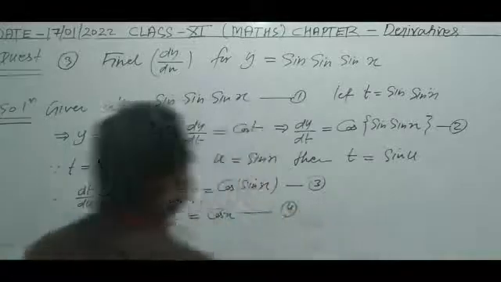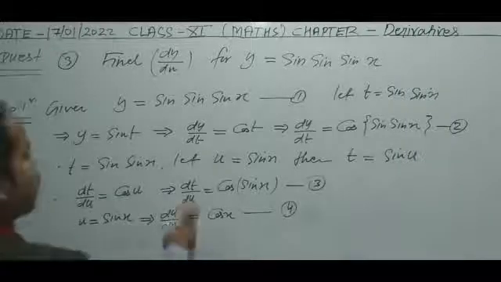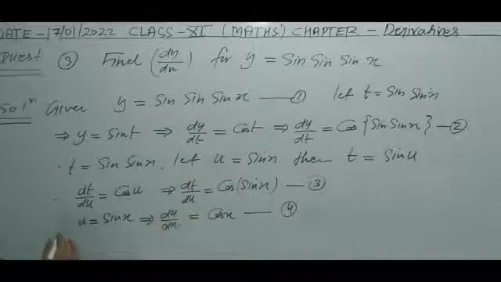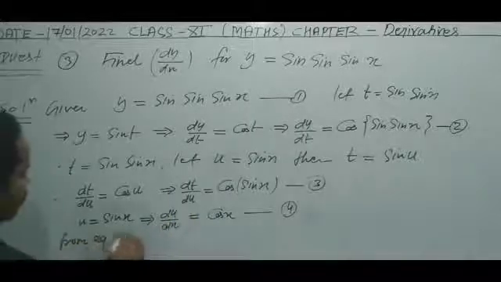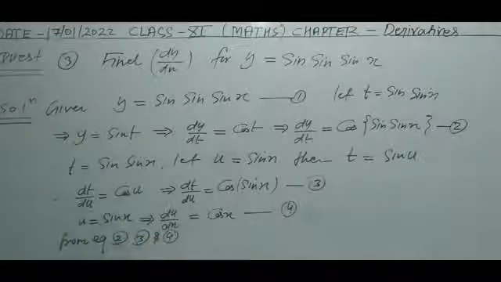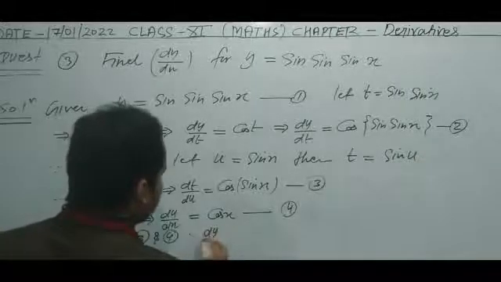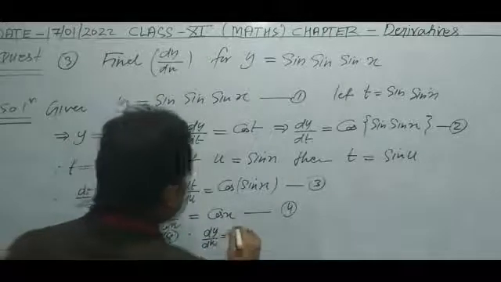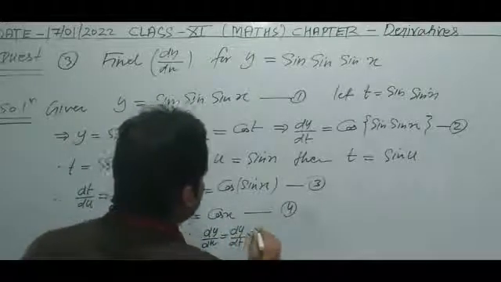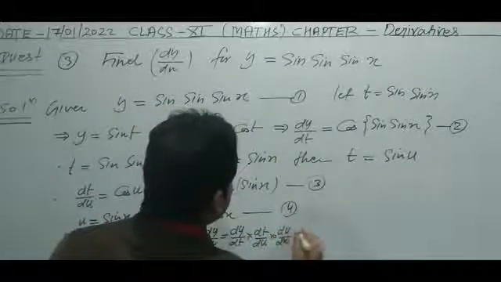Consider equation 4. Now from equation 2, 3 and 4, what we can write? dy by dx is equal to dy by dt, dt by du and du by dx.